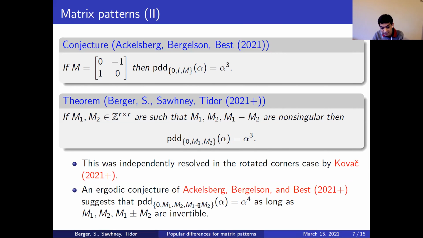As it turns out, 4-point linear patterns are the only ones which give you alpha to the fourth. The reason has to do with some magic positivity identity, which I don't want to go into yet. Basically, it means that the natural 4-point patterns you'd expect to have a popular difference are these patterns: 0, A, B, A plus B, and now with matrices instead.